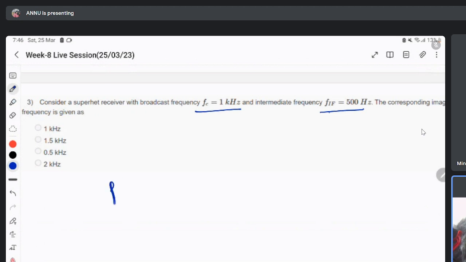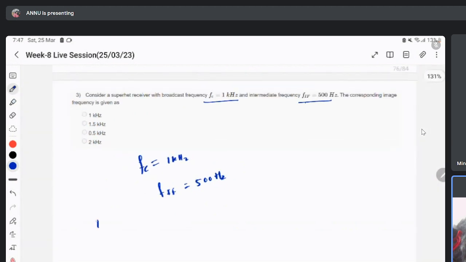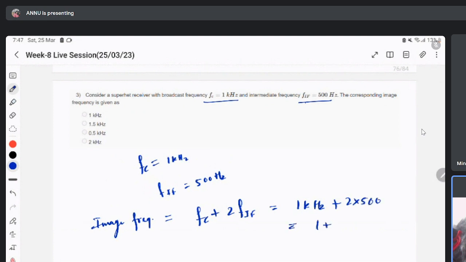We have FC equals 1 kilohertz, FIF equals 500 hertz, and the image frequency formula is FC plus 2 FIF. So 1 kilohertz plus 2 into 500, then 1 plus 1, 2 kilohertz. The answer will be 2 kilohertz.